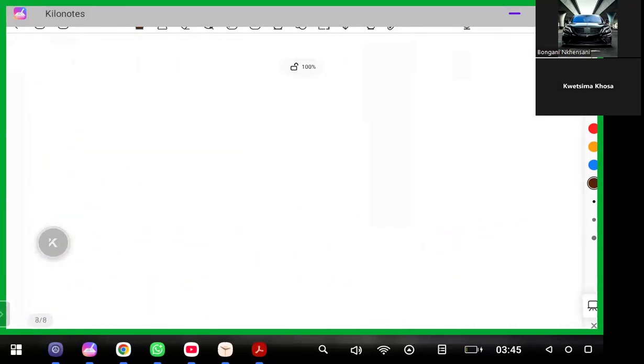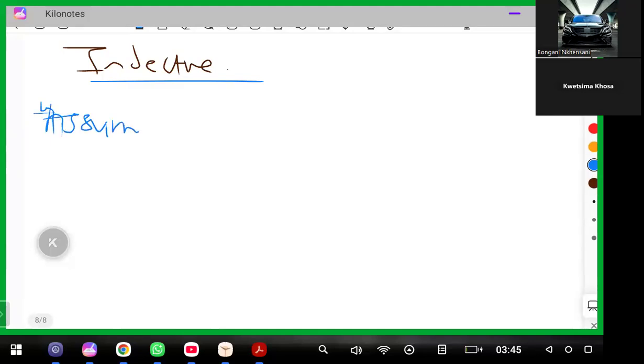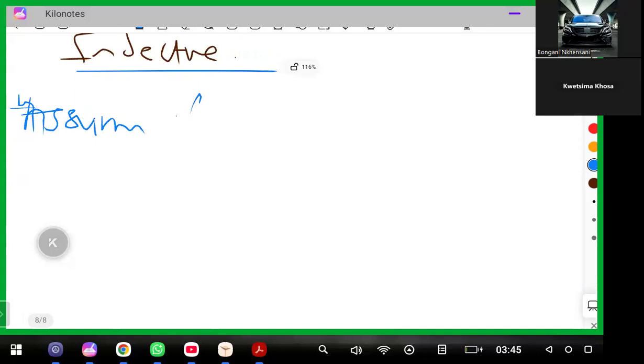So now we move to check if the function is injective. If we were to check whether the function is injective, we can assume, or we can say let, f of x equal to f of y.